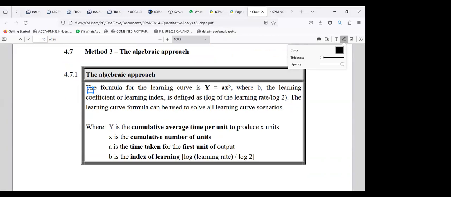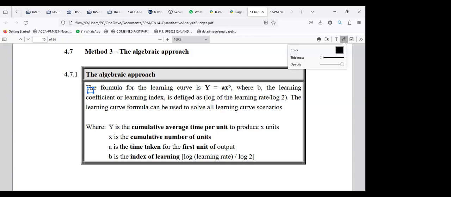The formula for the learning curve is y equals a multiplied by x, which is units, raised to the index, which we'll call b, where b is a learning coefficient or learning index, defined as log of the learning rate divided by log 2. The learning curve can also be used to solve all learning scenarios.